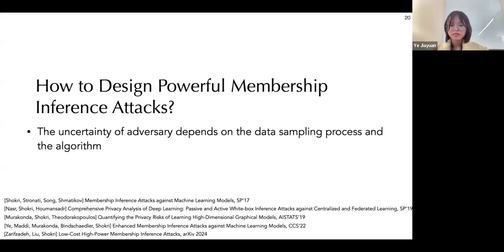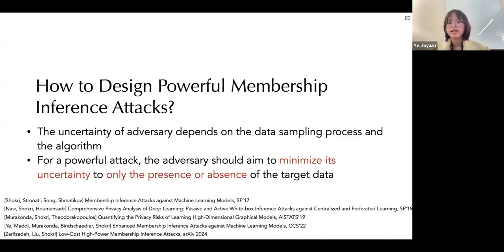In the previous membership inference game, we know that the adversary has many uncertainties over how the training data are sampled, how the random seed is chosen for the algorithm, and so on. But all these uncertainties are unrelated to the absence or presence of the target data.